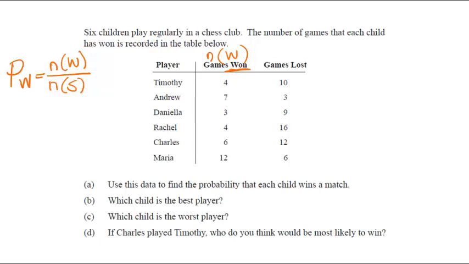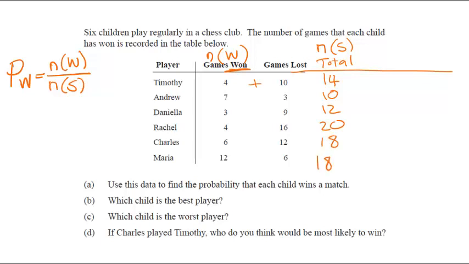Next up, I need to know the sample size. Is lost the entire sample size? No, it isn't. So for us to get the sample size, I need to know the total number of games. That is going to be my number of options in the total sample size. So in this instance, 4 plus 10 gives me 14. 7 and 3 gives me 10. Then we've got 12, we've got 20, we've got 18 and 18.